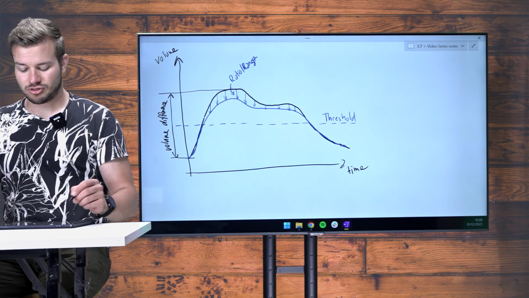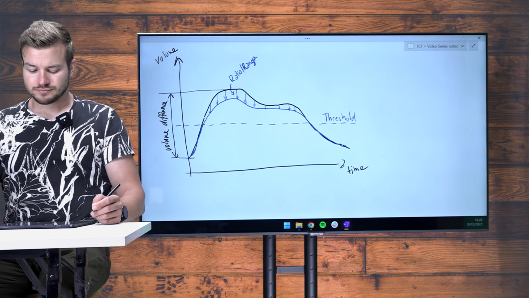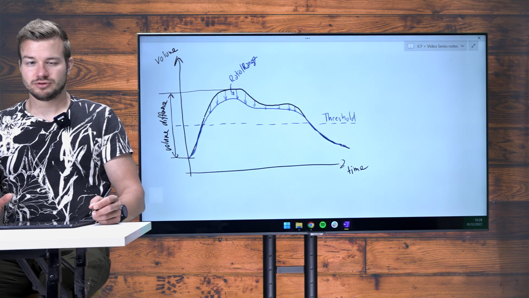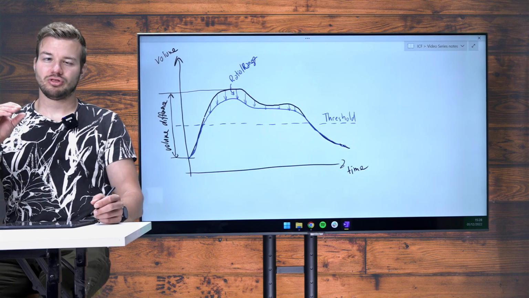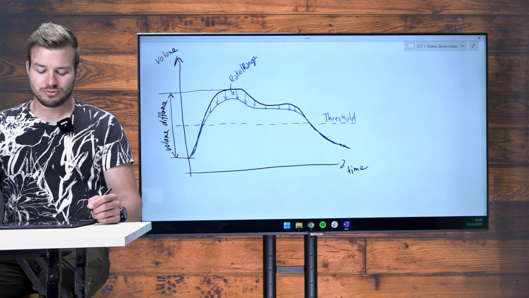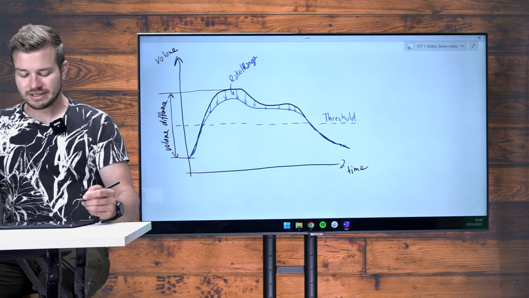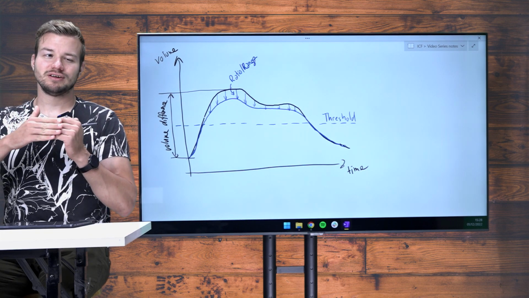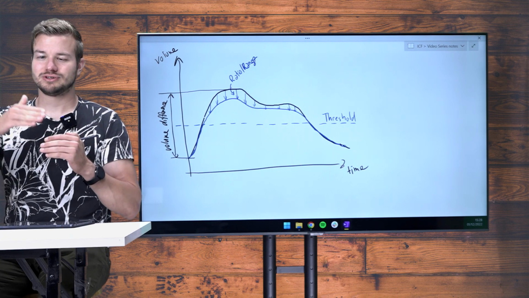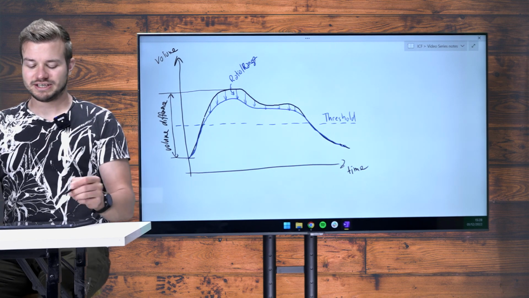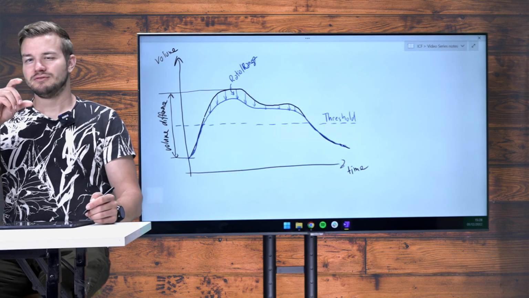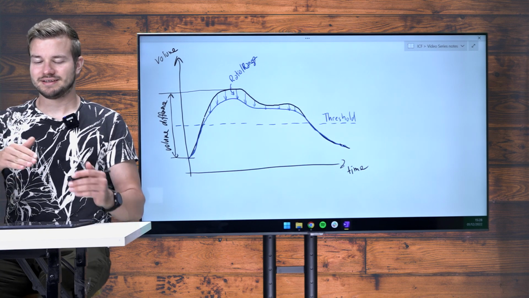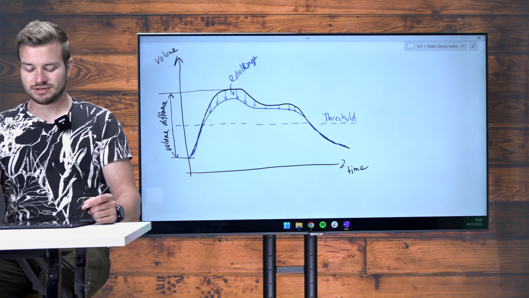So if it exceeds the threshold by, let's say, 9 dBs, and we have a ratio of 1 to 3, we turn it down 1/3. So we turn it down 3 dBs. That's what the ratio says. So it's always the difference in volume starting at the threshold to the current volume, and the ratio basically defines which fraction of that volume difference we turn down.